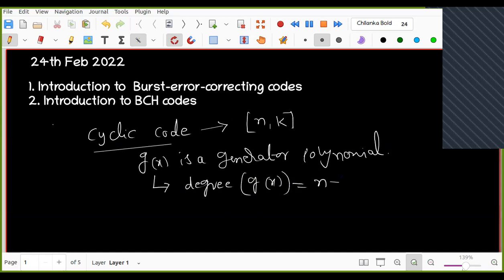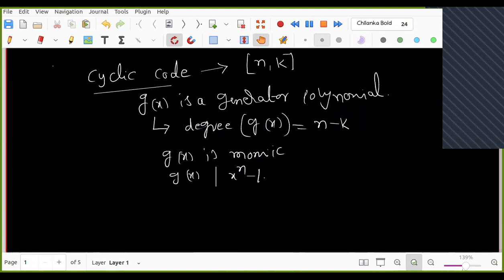It is n minus k, right? And what do you know about g of x further? g of x is monic, right? And we also know that g of x divides x power n minus 1, right? So these are some of the things. So the entire cyclic code depends upon the generator polynomial. The generator polynomial further will give the generator matrix.